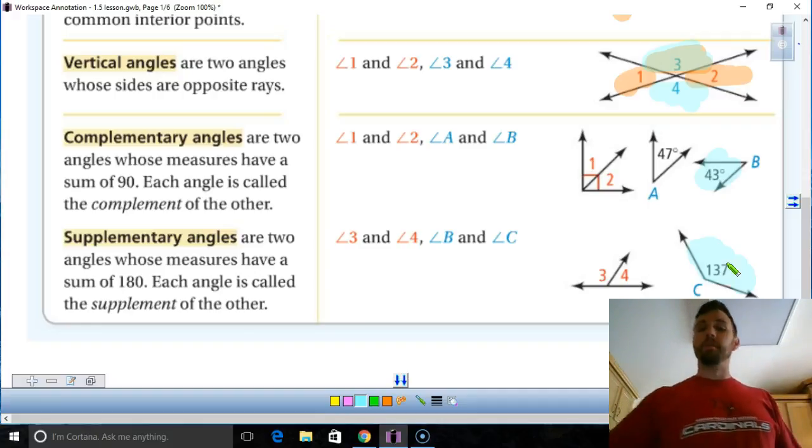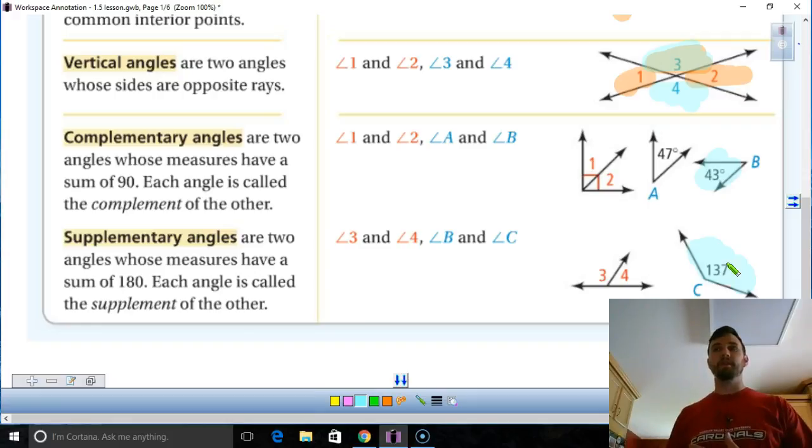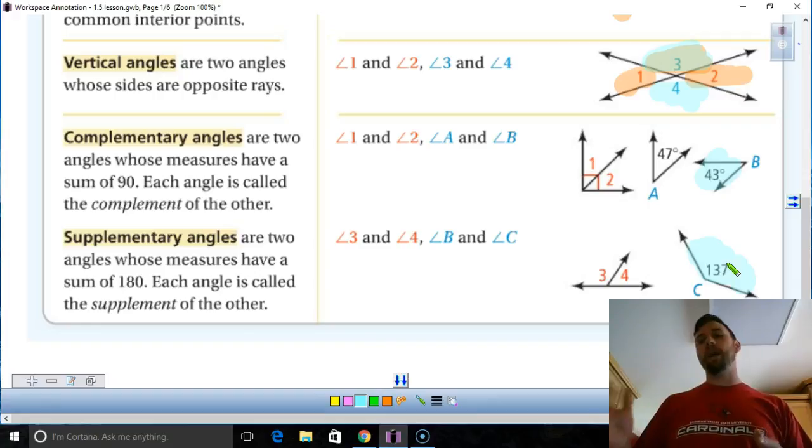For example, if I know an angle is 60 degrees and I'm asked to find its supplement, its supplementary angle would be 120 because 120 plus 60 equals 180. A lot of times in problems, they're going to tell you an angle and its complement are x and 2x. So you do x plus 2x equals 90 because it's complement. If it's supplement, use 180.